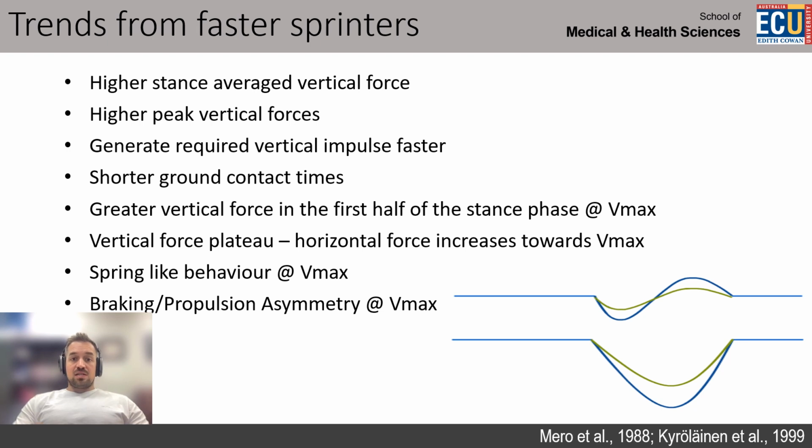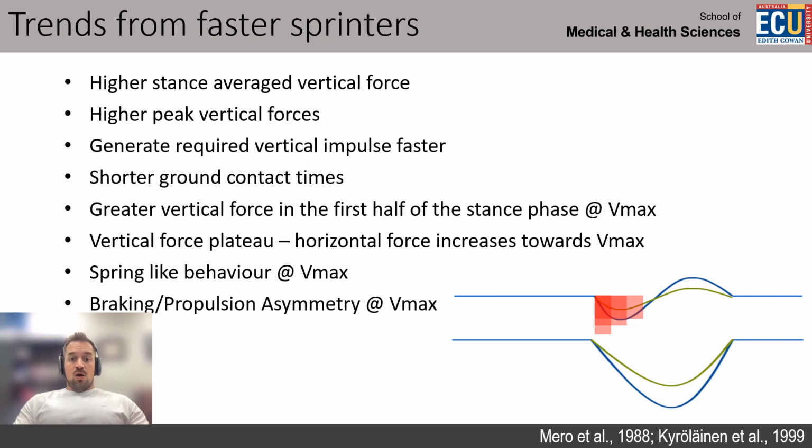However, there's a discrepancy in the magnitude of force and the time of braking to propulsion at max velocity. And this braking to propulsion ratio changes with increasing sprinting velocities. So it's actually a non-uniform spring-like behavior, because we need to load the spring harder and faster at or towards max velocity to get the same release, sufficient horizontal impulse, because we slowed ourselves down in the initial phase of the ground contact time.